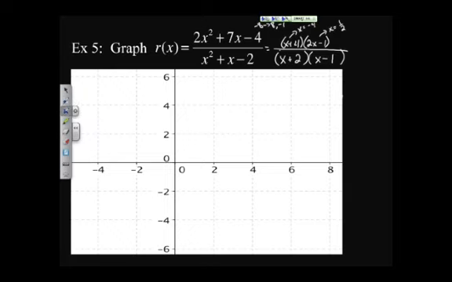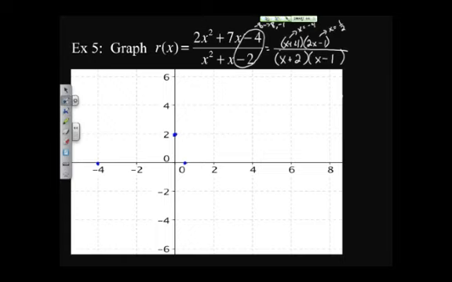X equals -4 right here, and x equals +1/2, which would be approximately right there. Then we want to find the y-intercept, and to get the y-intercept, you put in x equals 0, so that boils down to just being this divided by this, because everything else turns to 0. And so the y-intercept is going to be 2 in this case, so let's go ahead and put that point on there on the y-intercept.